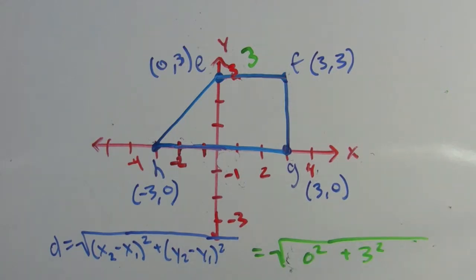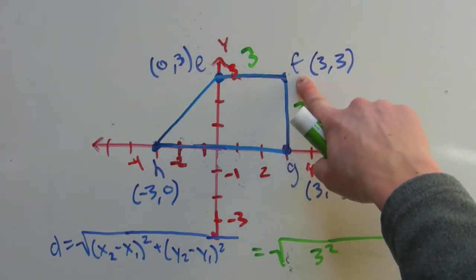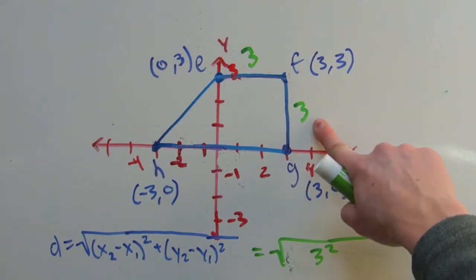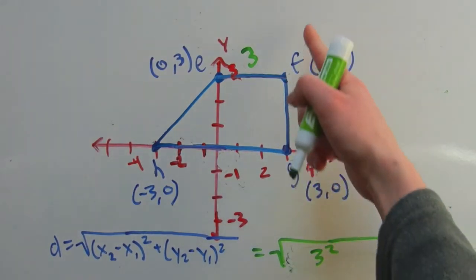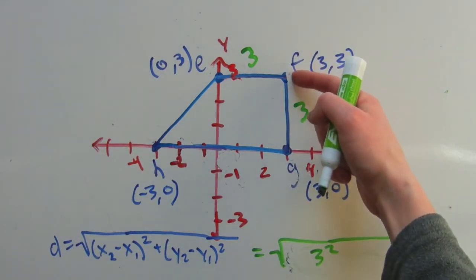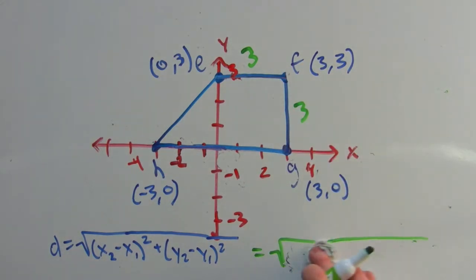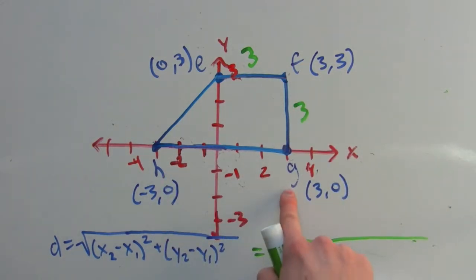And we know that to be just the square root of 3 squared, which is equal to 3. So the vertical distance, F to G, is 3. And again, since this fell within the same vertical line, we could have just counted units. 1, 2, 3.